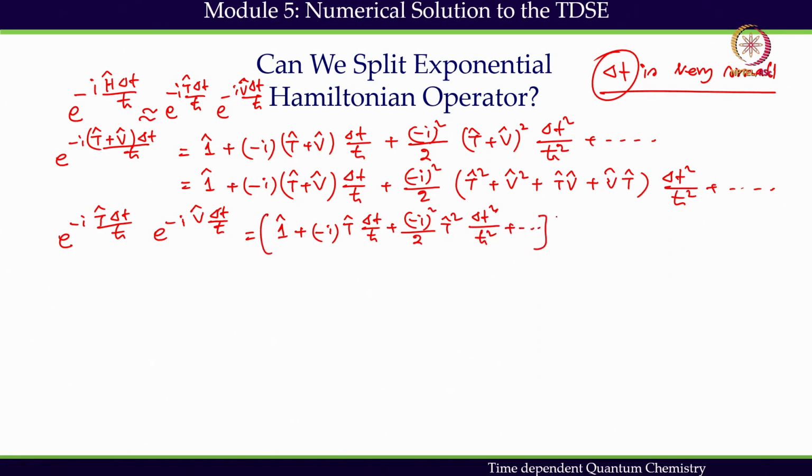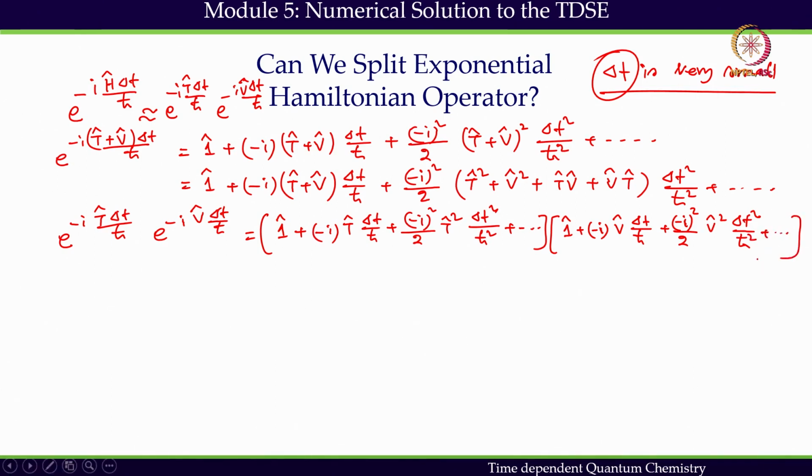This is one term, and the second term is going to be again 1 plus minus i V delta t by h cut plus (minus i) square by 2 V square, then delta t square by h cut square, and other terms are there.